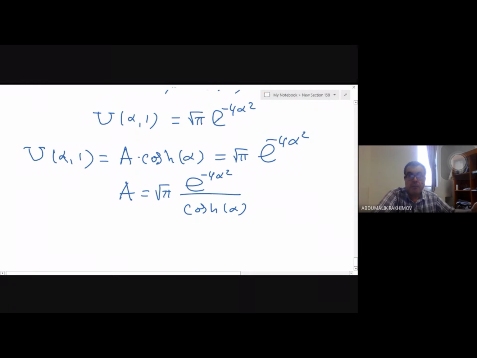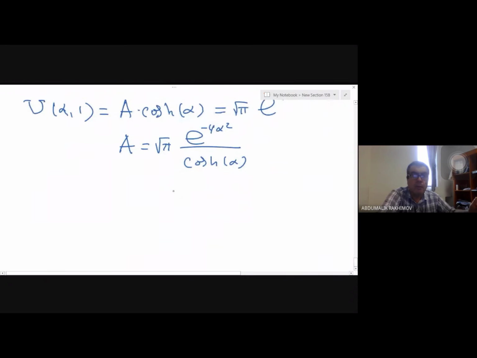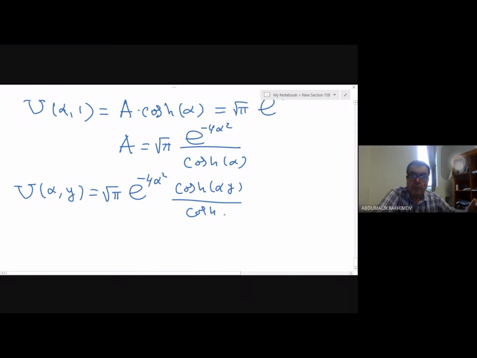Then you substitute this A here and you find the solution. The image of the solution, U(alpha,y), is root of pi exponential minus 4 alpha squared cosine hyperbolic alpha y over cosine hyperbolic alpha.